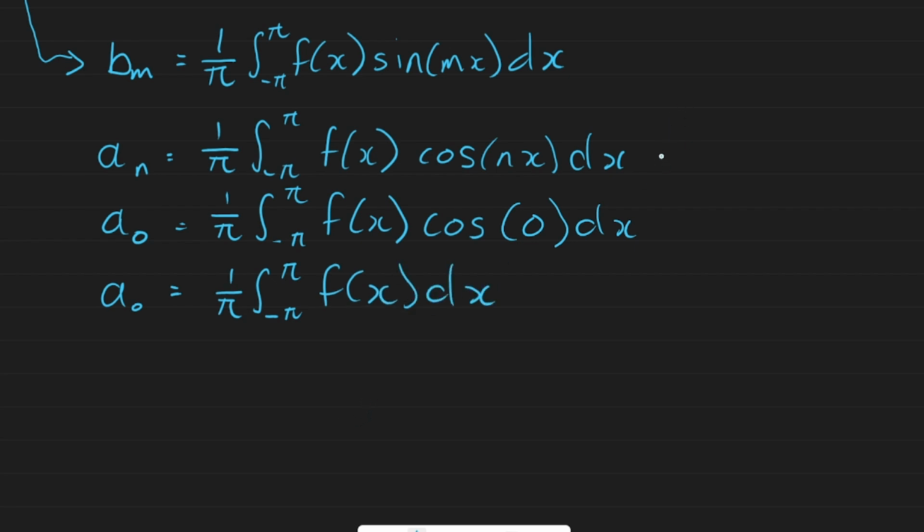So these are essentially the three relations we need to determine the Fourier constants. So I think this is best illustrated in an example, and that's what we're going to do now. This is the example that we're looking at. We have a periodic function. From minus pi to minus pi over 2, the function is taking on the value of 0.